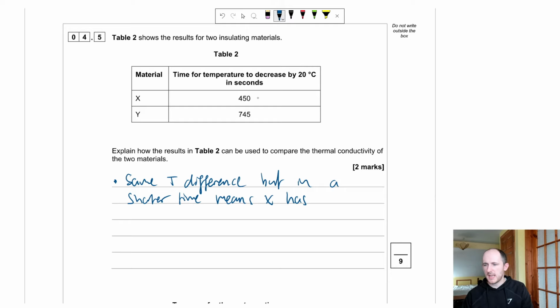You don't really need to write that it means X has. You can just say it has a higher thermal conductivity, as I just said, because the rate of energy transfer is higher.